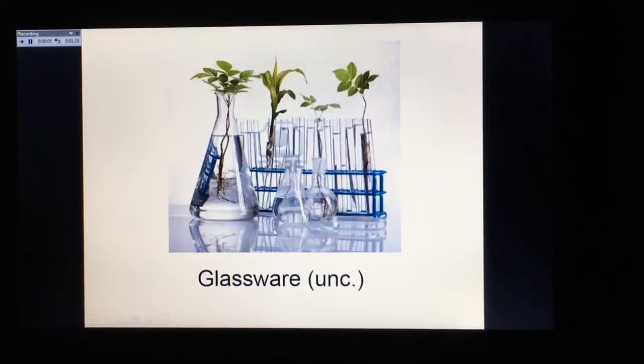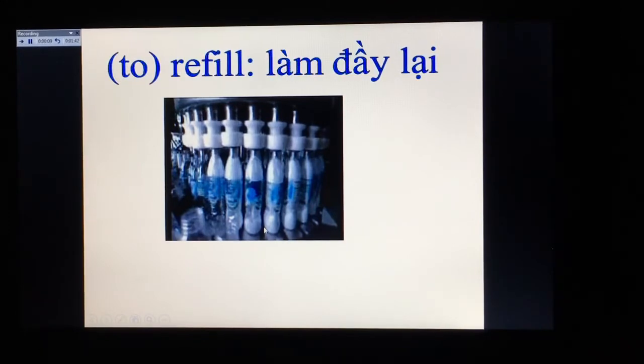And what is it in the picture? Yes, it is glassware. Now listen and repeat. Glassware. And what is the activity here in the picture? Now, it is refill. Refill.